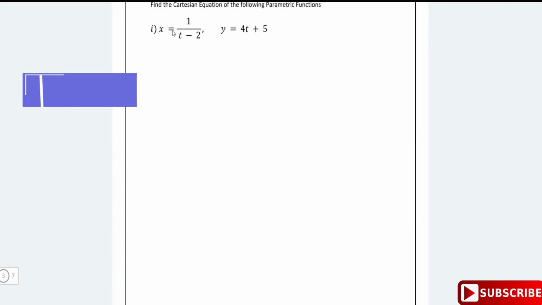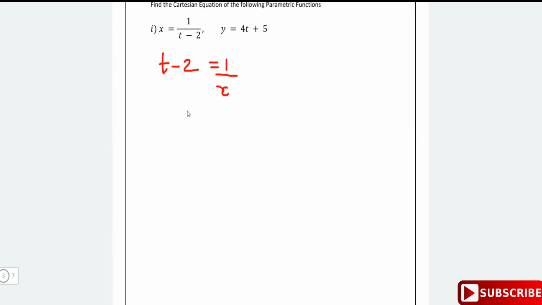Now if x is 1 over t minus 2, then you can swap t minus 2 and x, and you get that t minus 2 is equal to 1 over x. Then add 2 to both sides to get t equal to 1 over x plus 2.